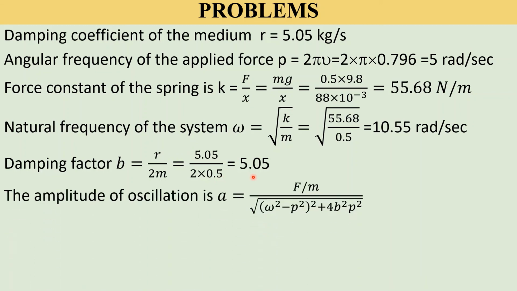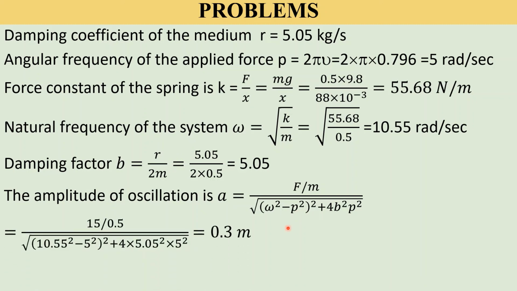Now the amplitude of the oscillation is A is equal to F by M divided by square root of omega squared minus P squared whole square plus 4b squared P squared.